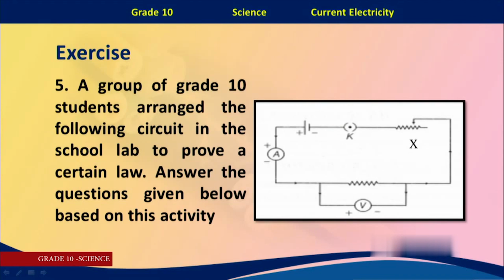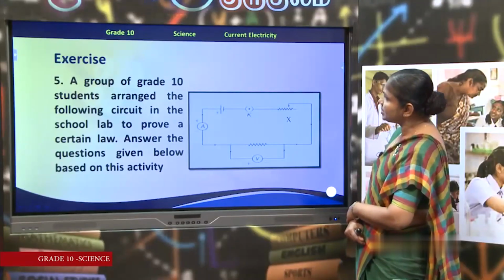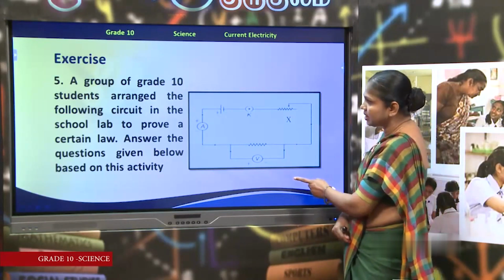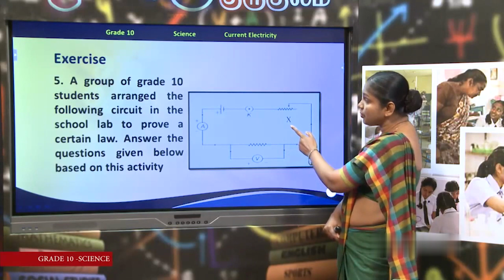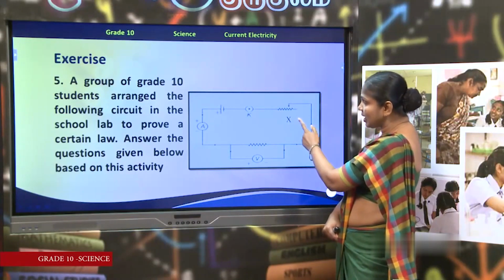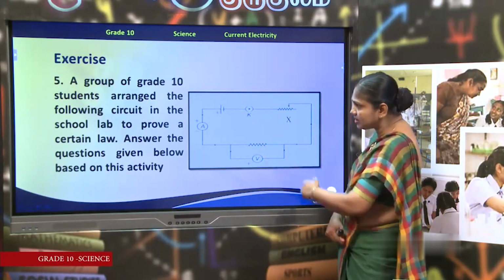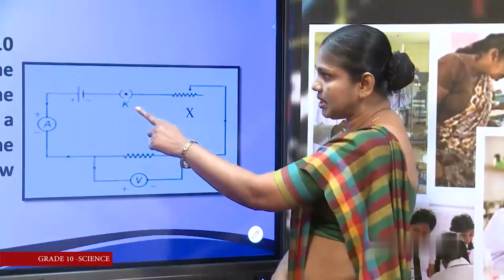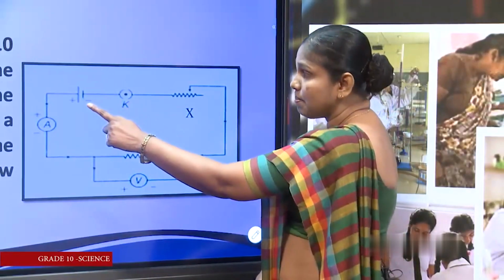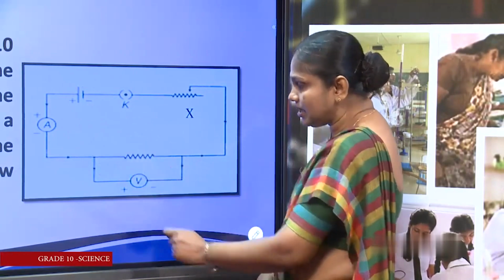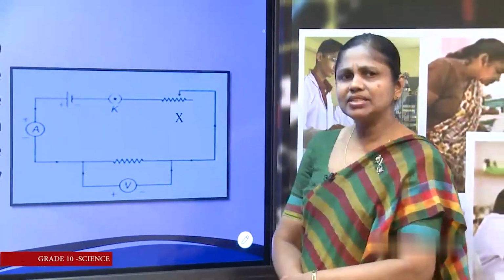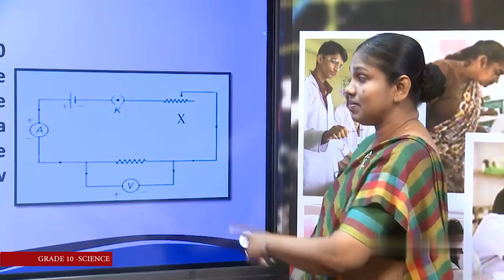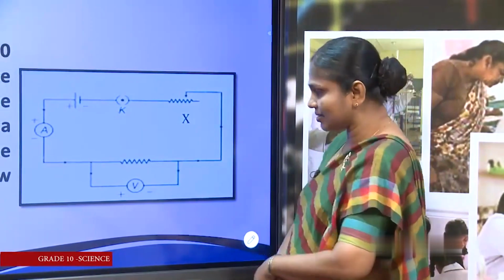Now, we'll see what the questions are asking. Before moving, just look here, what are the devices connected? This is the switch, battery, ammeter, voltmeter and X. What is this X, children? This must be the rheostat, right?